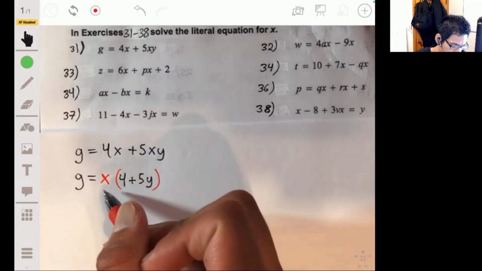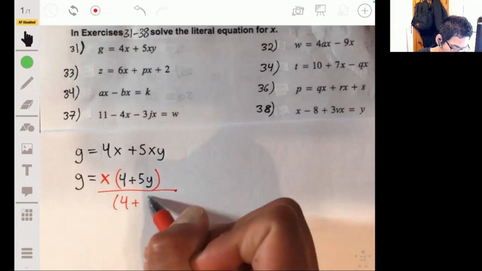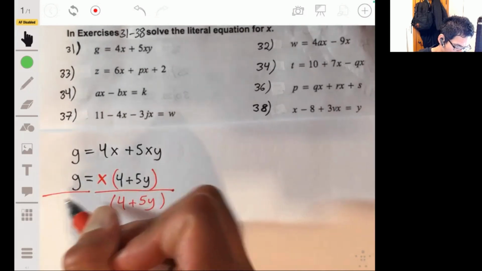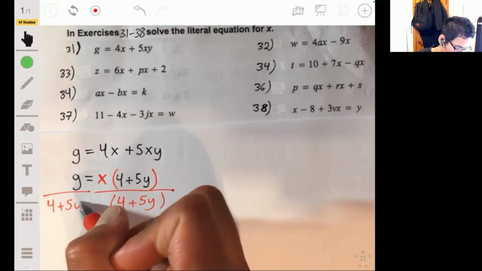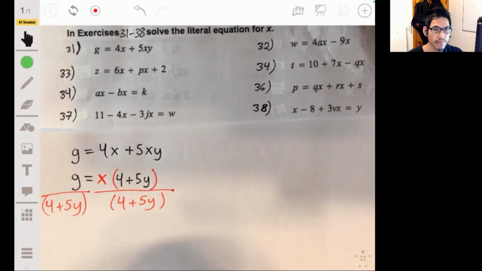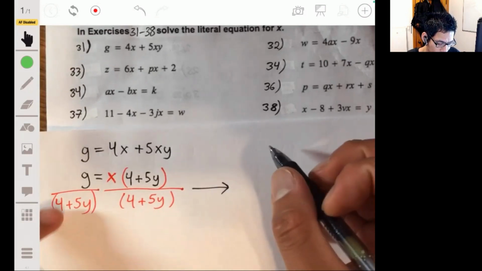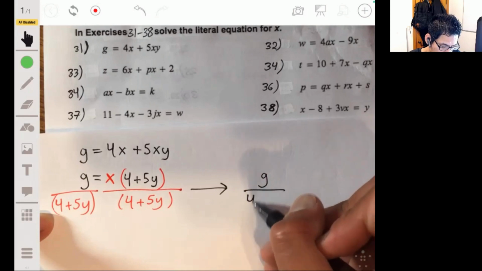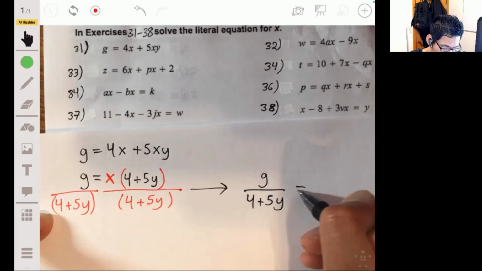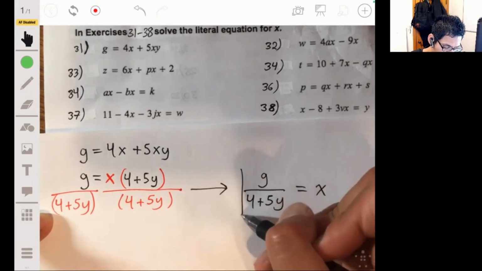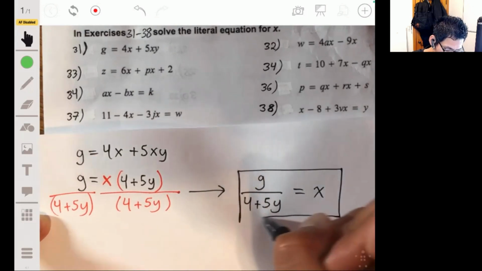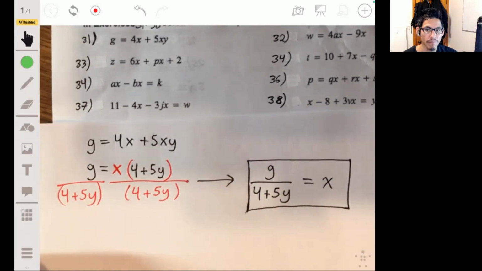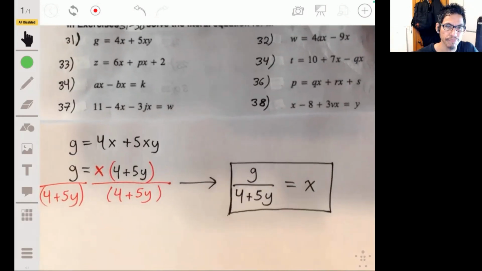And what's fascinating is then you could divide both sides by the 4 plus 5y, like this. Then your equation for x is just equal to g over 4 plus 5y. You don't even have to do anything else except box it and make it look nice. Yeah, pretty cool.